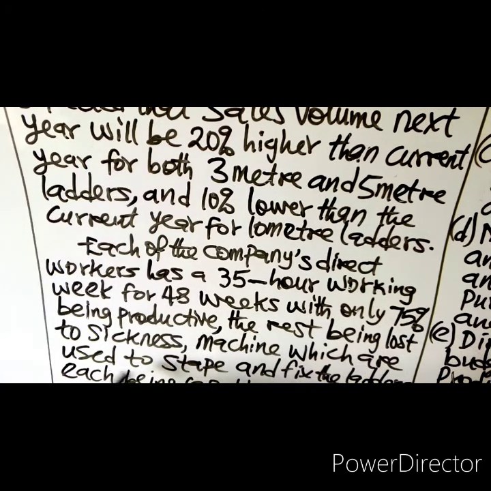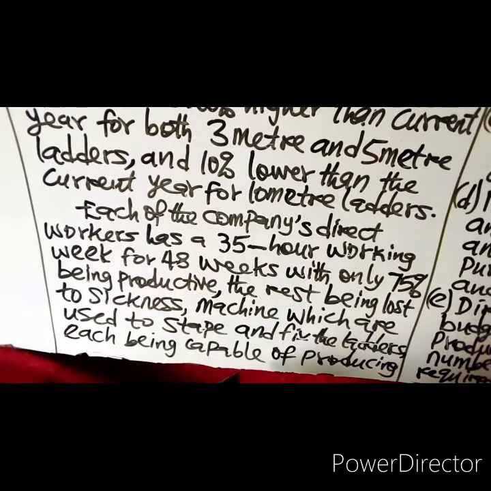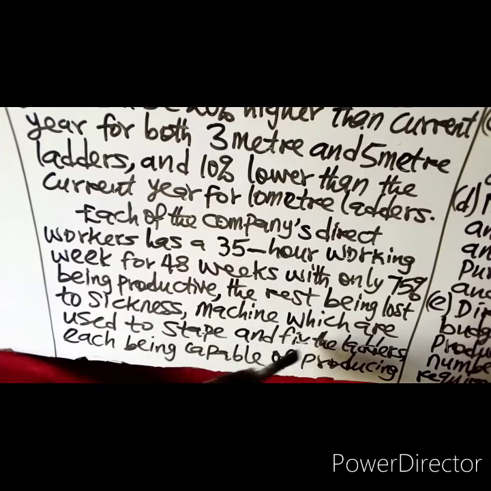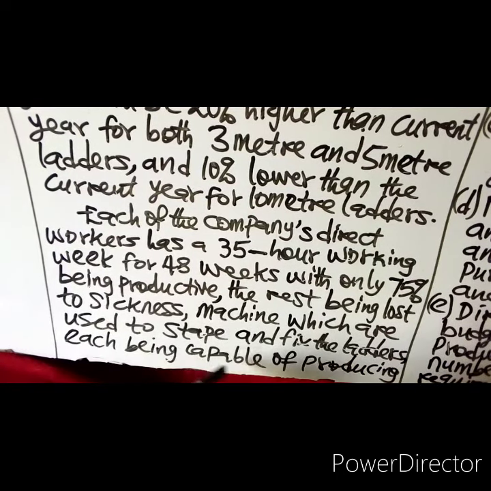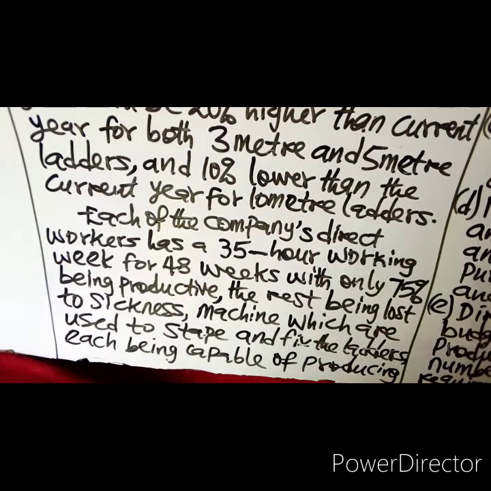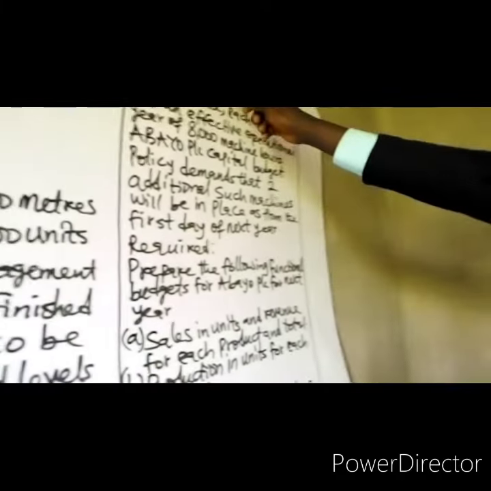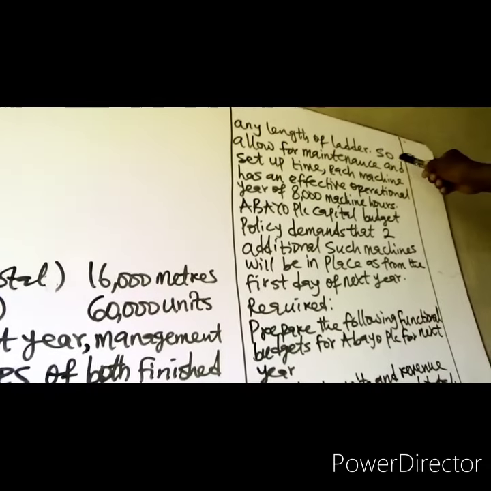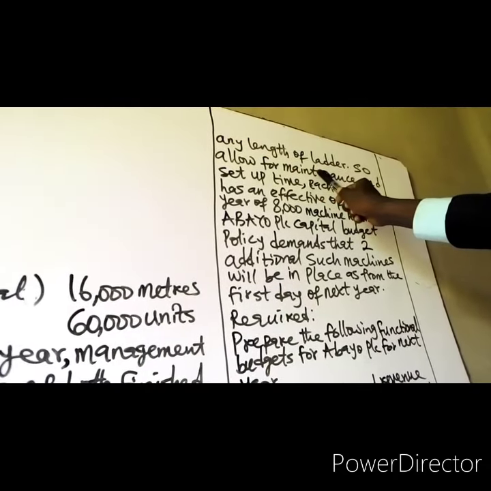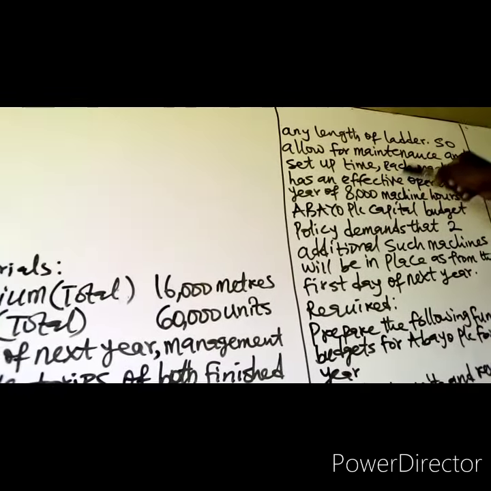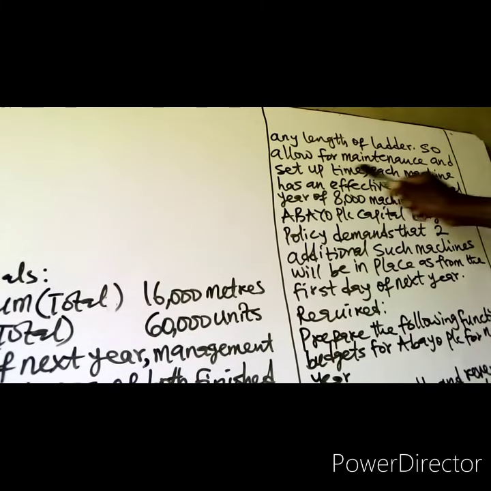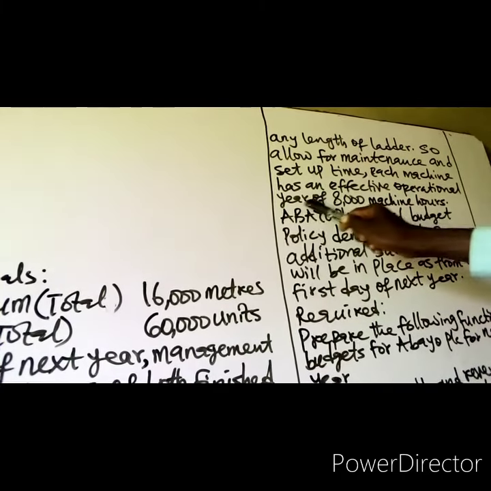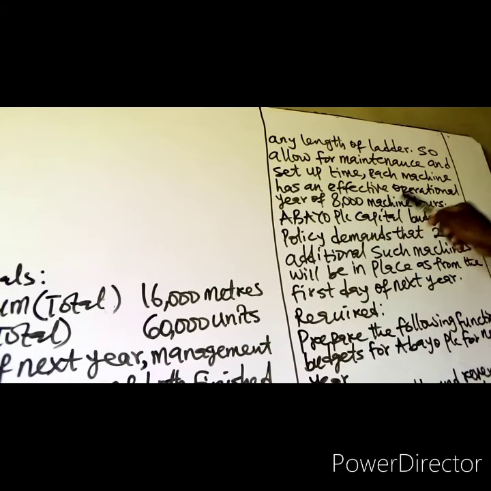Machines are used to step and fix the ladders, each being capable of producing any length of ladder, allowing for maintenance and setup time. Each machine has an effective operational year of 8,000 machine hours.